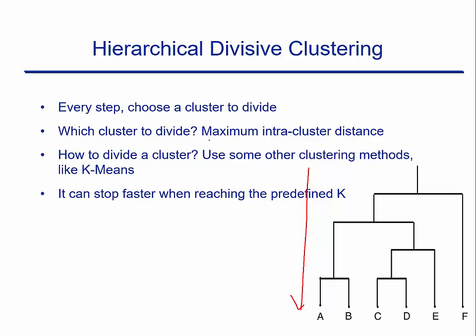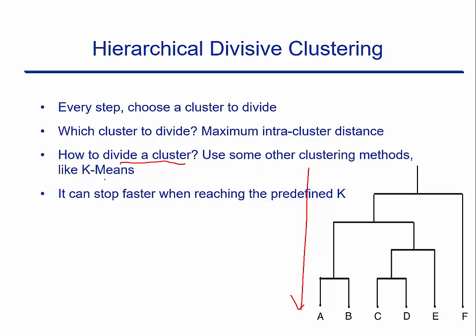We choose the cluster with the maximum intra-cluster distance. Let's recall that we defined this before in the lecture. We choose the cluster with the maximum intra-cluster distance to divide. But the second question is how to divide a cluster. Typically we use some other easier clustering algorithms like k-means or k-medoids to divide a cluster.